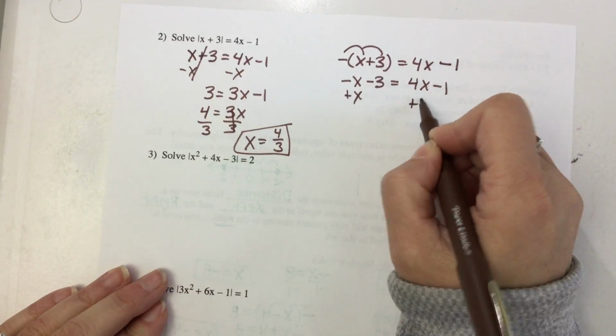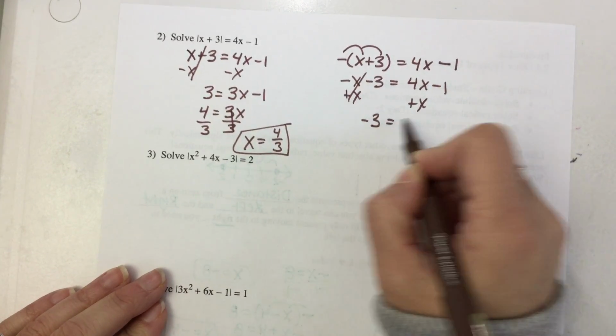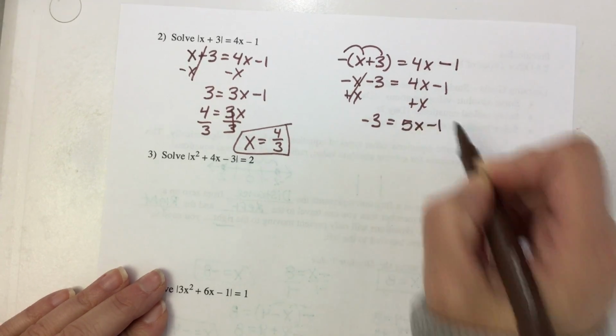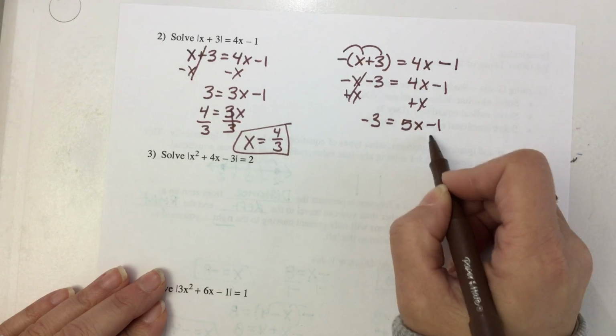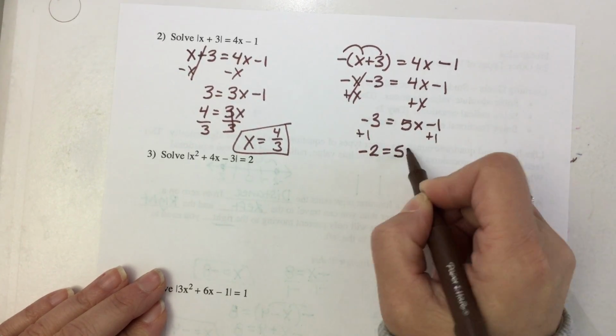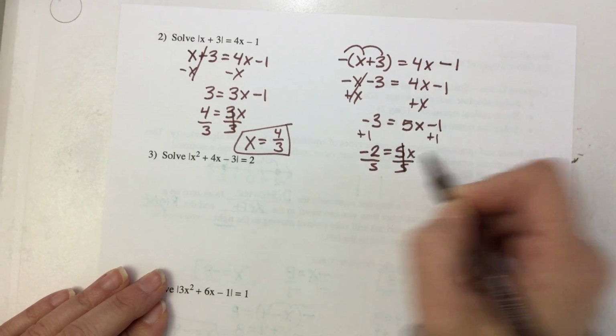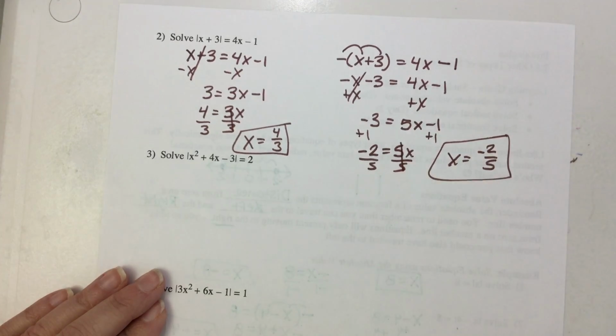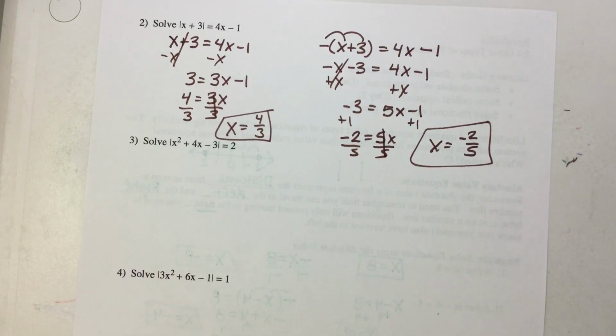So if I add x on this side, negative 3 equals 4x plus 1x is 5x minus 1. Add 1 over. Negative 3 plus 1 is negative 2 equals 5x. If I divide by 5, x is negative 2 fifths. So those are my two solutions that we found mathematically using correct skills.